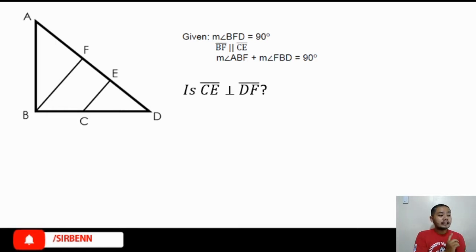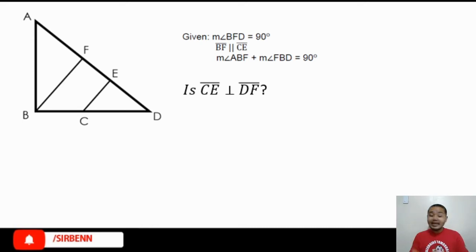So kung titignan natin dito, CE and BF. Alam natin na si CE ay parallel kay BF. And BF is perpendicular to BD. So, papasok dito yung connection ng concept ng parallel lines at saka perpendicular lines.